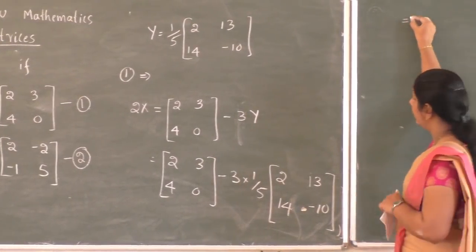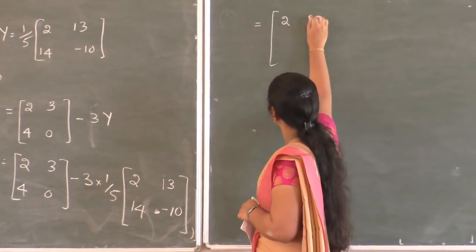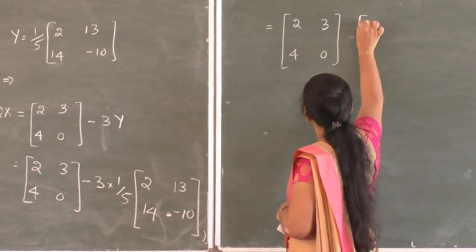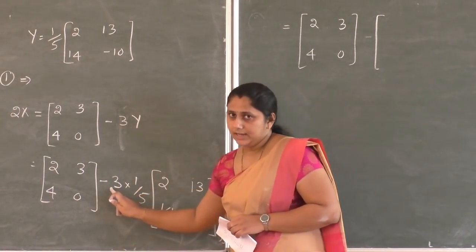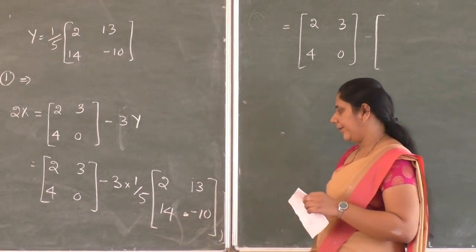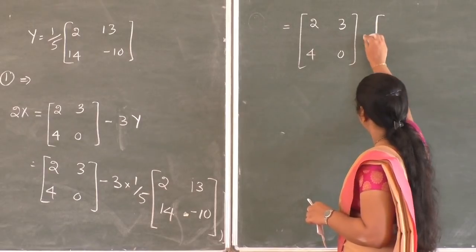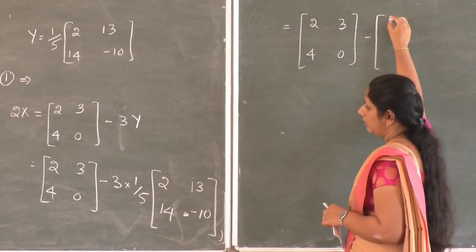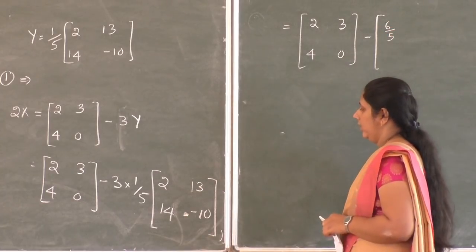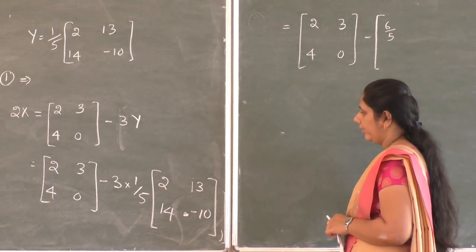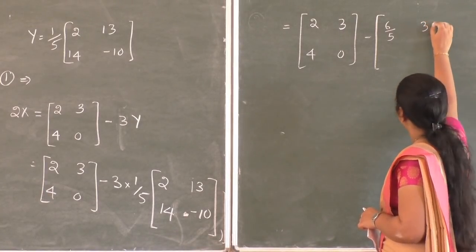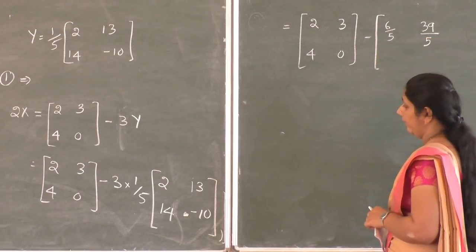On simplifying we get [2, 3, 4, 0] minus, this is a scalar 3 by 5, so we have to multiply 3 by 5 to each and every element of the matrix. That is 3 by 5 into 2, that is 6 by 5. Again 3 by 5 into 13, that is 39 by 5.